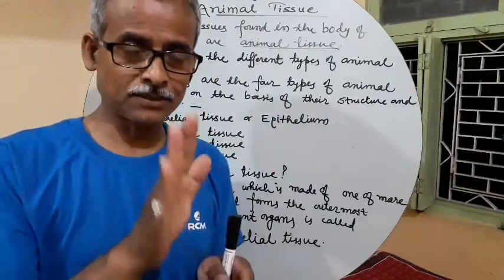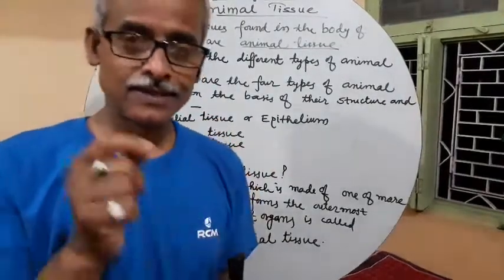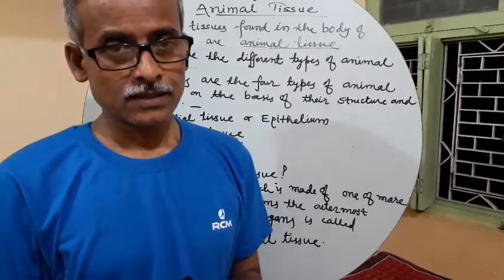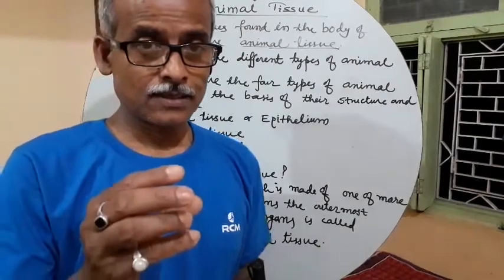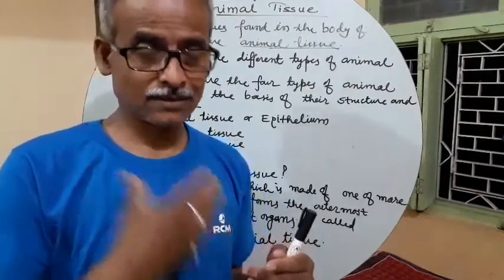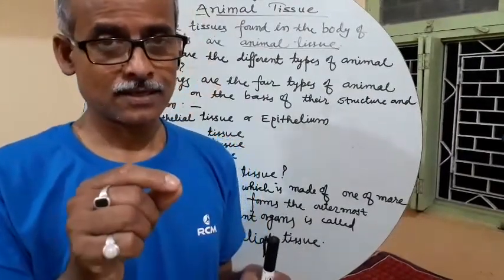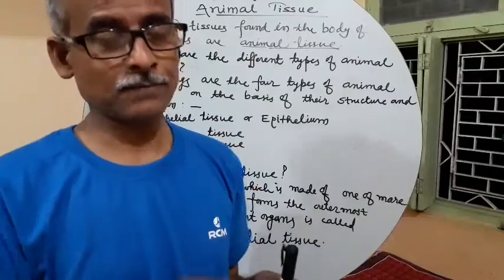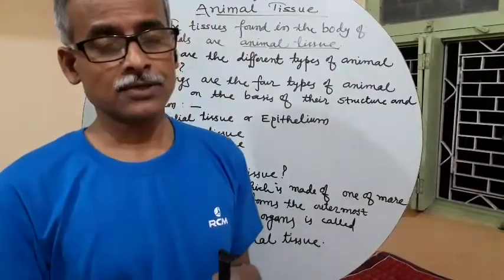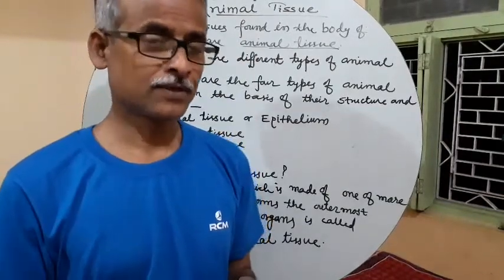The surface of the lumen of the blood vessels is epithelium. The alveoli in our lungs are made up of epithelium. The glomerulus of the kidney has epithelium.